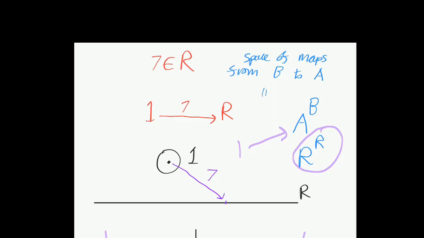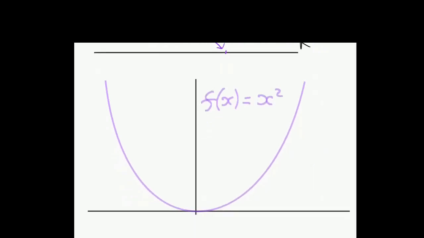Well, let's just think about a map from the smooth line to itself. So here's a graph of this function here, which is x squared. The way that this works is if we take any input x on our smooth line, then we take it and we square it, and that's going to be the output. x squared is equal to f of x.